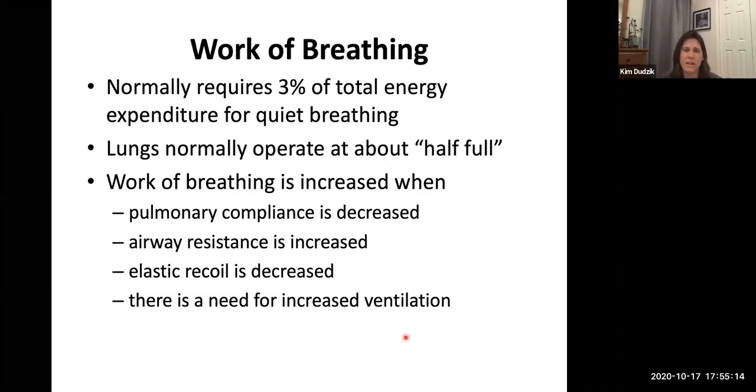Lungs going back to their original size easily. All of this makes, or if you just need, in general, a need for increased ventilation, if you're exercising or something like that, of course, then we'll be working harder, because I mentioned those other muscles that we engage. So more muscle means more ATP. So those can get fatigued too.